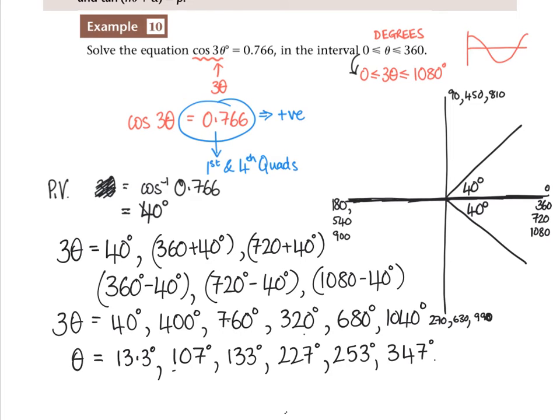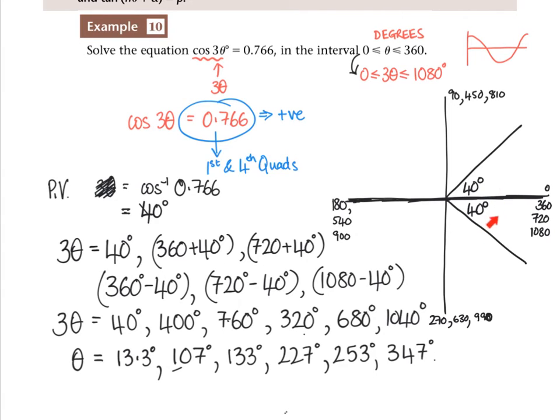Now although I didn't put them in order in the line above, I've put them in order here. Okay, so taking 40 divided by 3, then 320, then 400, 680, and so on. So you might want to work in the first quadrant first of all, and then the fourth.